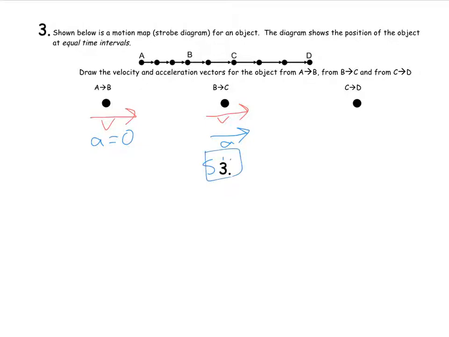From C to D, our final one, we see that our object still is traveling to the right. It looks, once again, like these are pretty evenly spaced, which means that our acceleration, just like in the first part, is going to be equal to 0.